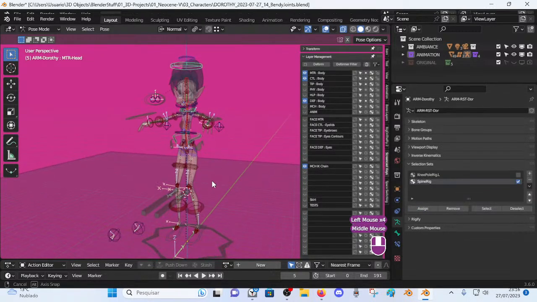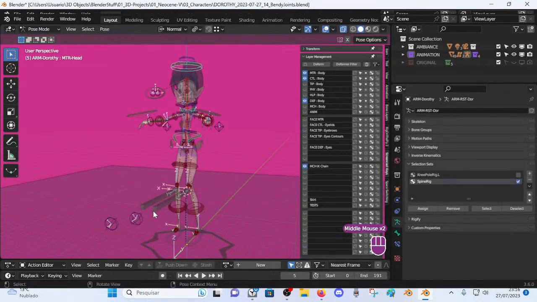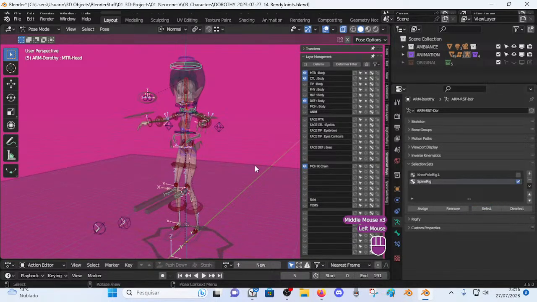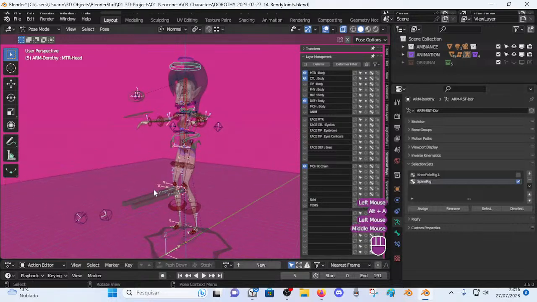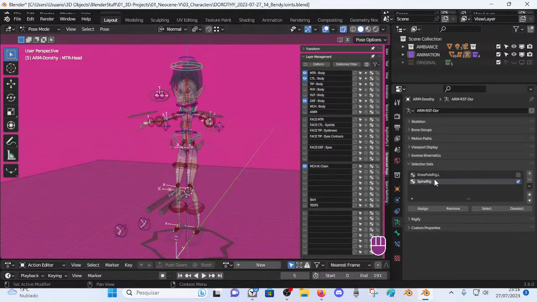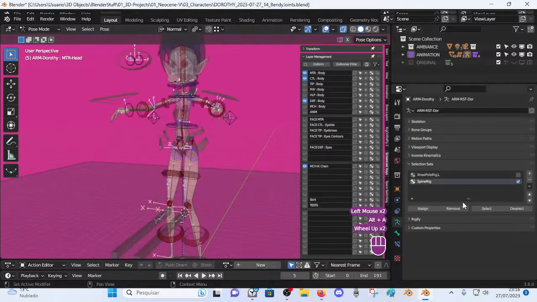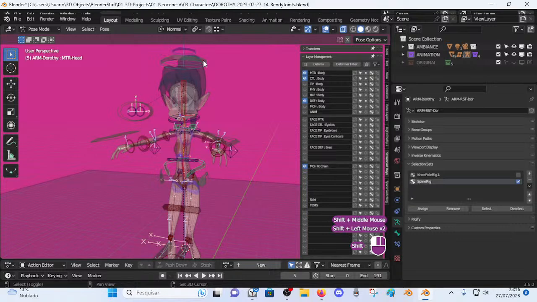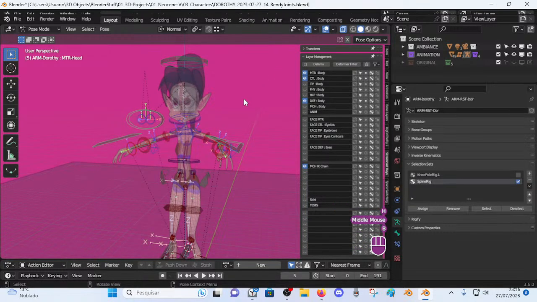assign. Do I have other things here? Yes, perhaps. I've loaded and I've lost my selection sets. Okay, so I'll have to redo that. So let's first just take this off and hide all these. These are not necessary.